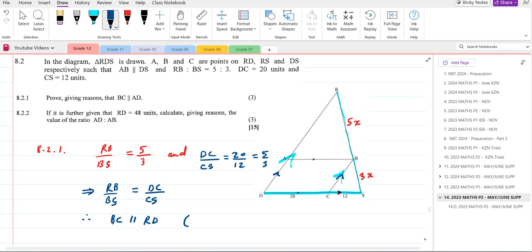Right? And the reason for that is converse, line parallel to one side of triangle.